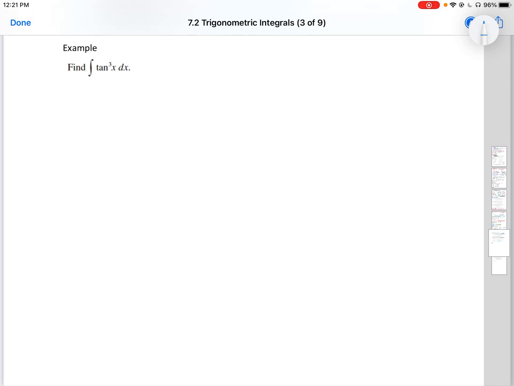All right, another example. Find the integral of tangent cubed dx. Okay, so we need to have that tangent squared. So let's rewrite it as the integral of tangent squared of x times tangent of x.